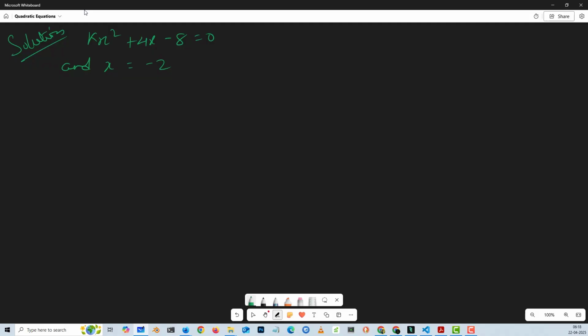Okay, so since x equals to minus 2 is the solution of the given equation, therefore kx square, instead of x square now we will write how much?